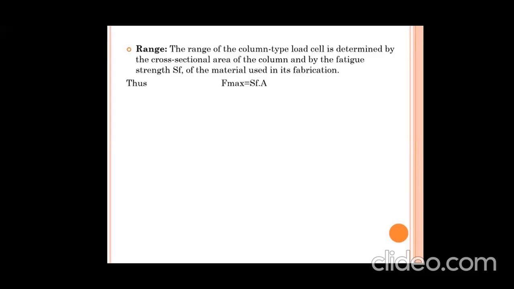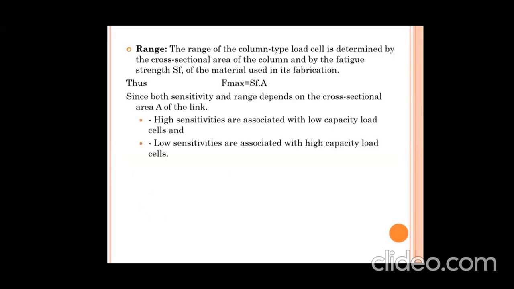Getting? Then why is range important, or how does the cross-section area of the column lead to sensitivity as well as load capacity? Getting? If you require high sensitivity, then your load capacity decreases. That means sensitivity and load capacity are inversely proportional.